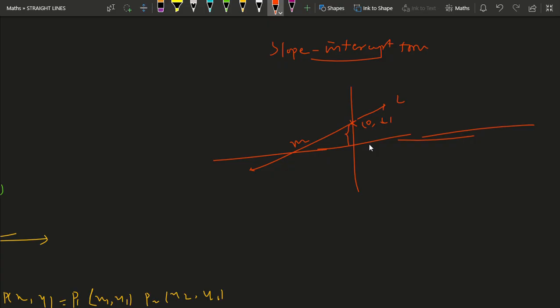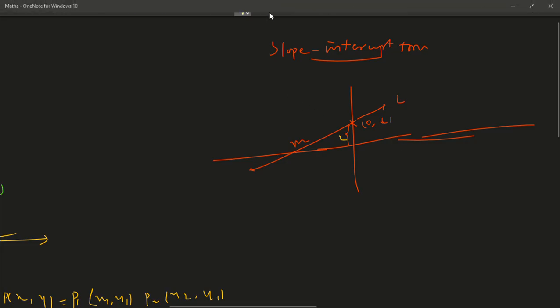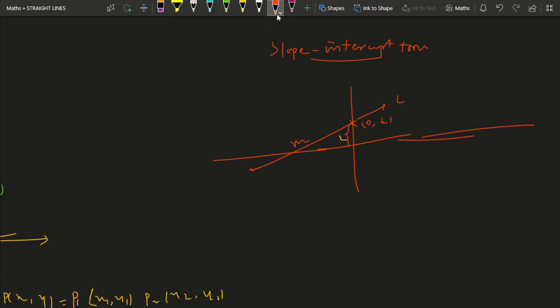Obviously, the coordinates of the point where the line meets the y-axis are 0, C. Why 0, C? Because the distance from the origin is C. So the line L has slope m and passes through a fixed point, 0, C.